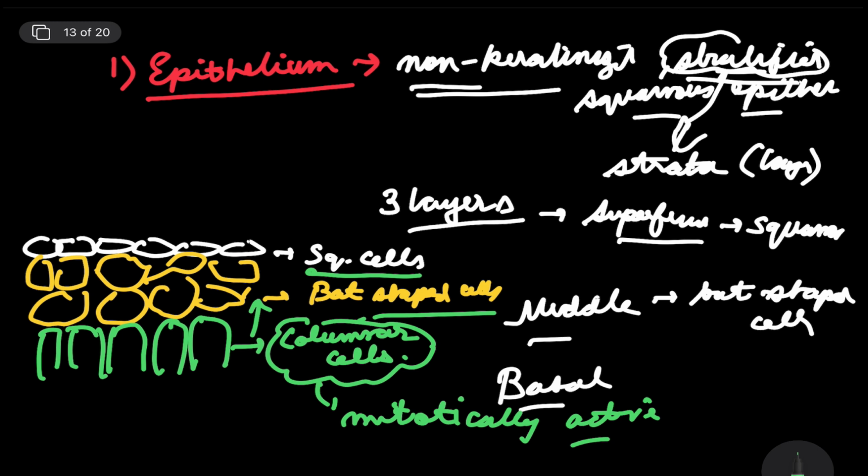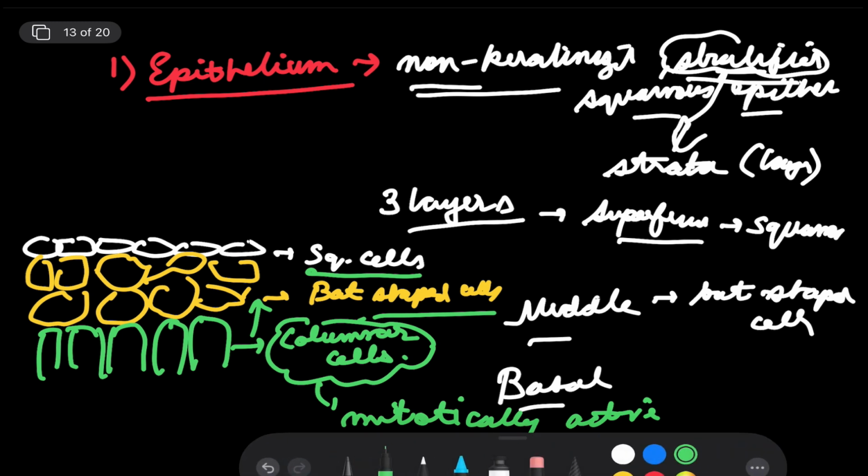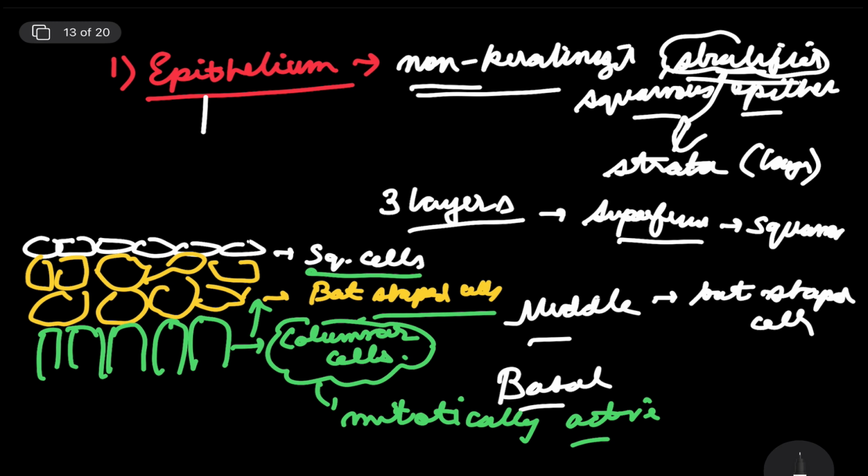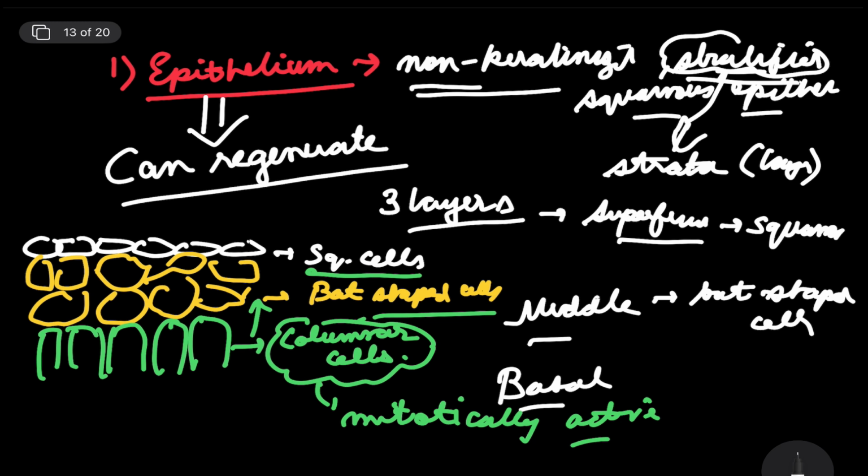So what all of this concludes towards is the fact that the epithelium of the cornea can regenerate. Very, very important fact I have mentioned to you.